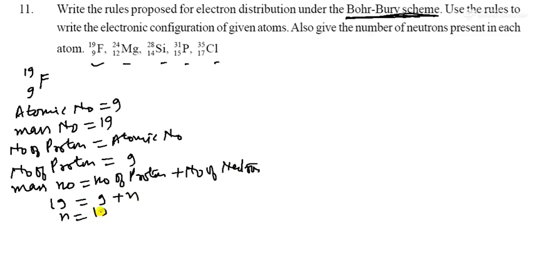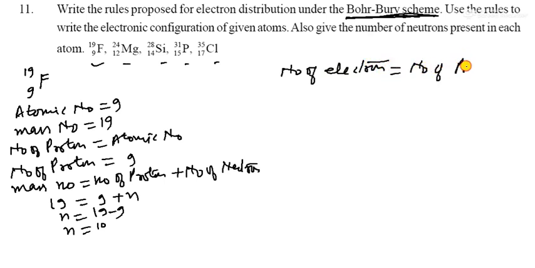So n is 19 minus 9, it is 10. Now find the electrons. So number of electrons, it is number of protons. So number of electrons you can find, that is number of protons, it is 9.